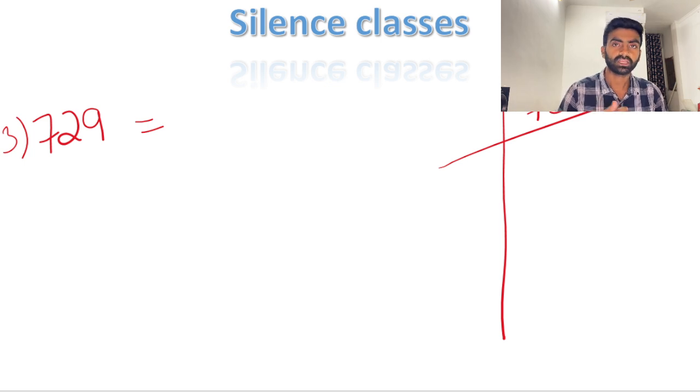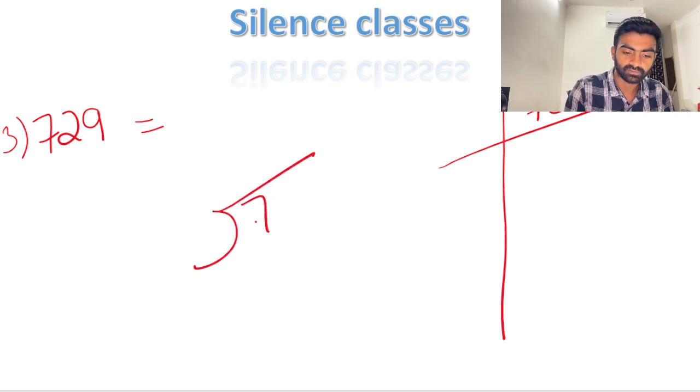No. Let's check it out. Is it divisible by 3 or not? What is the divisibility rule of 3? Yes, we have to add all the numbers. If the sum is divisible by 3, then this number is divisible by 3. So let's check it out. 7 plus 2 is 9 and 9 plus 9 is 18. Okay, and 18 is divisible by 3. 3 sixes are 18. Okay, so it means this number is divisible by 3.